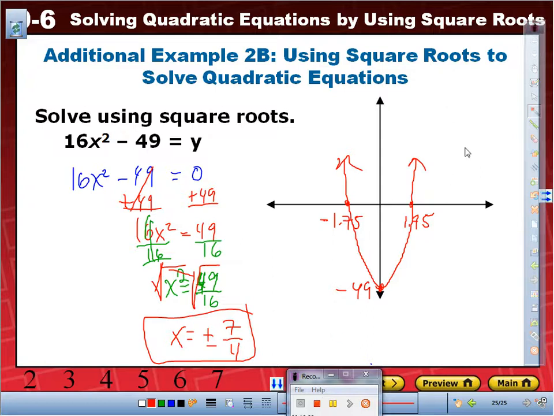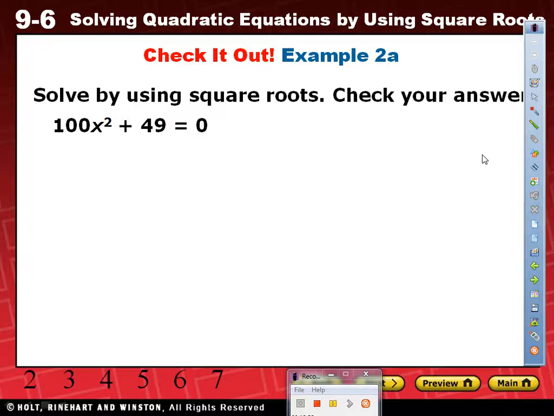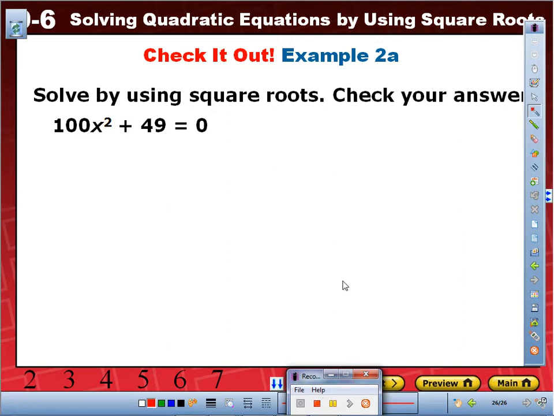Okay. Copy this next one, please. 100x squared plus 49 equals 0. Go ahead. Okay, let's see. Who noticed that it's a binomial? Who noticed that it's a sum?